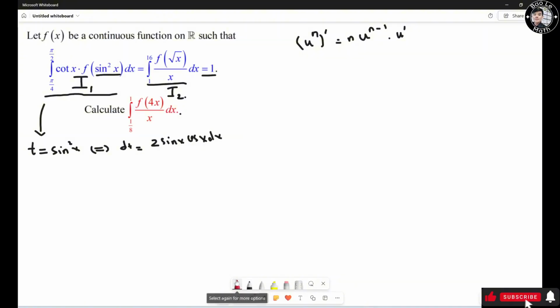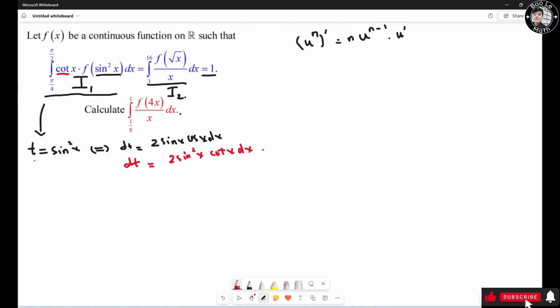In order to get cotangent s, I multiply the top and bottom by sine s, so dt equals 2 sine square of s cotangent s ds.